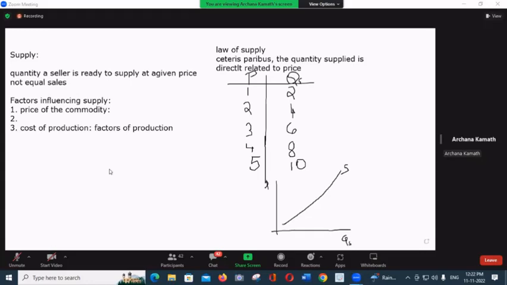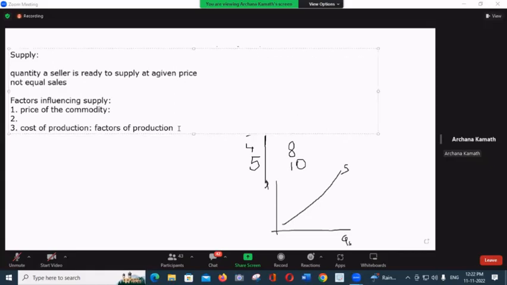Laborers charging higher wages or salary also affects your production. So, cost of production. Government policy, government can sometimes relax your production or put restrictions on your production. And the state of technology, what method you are applying.